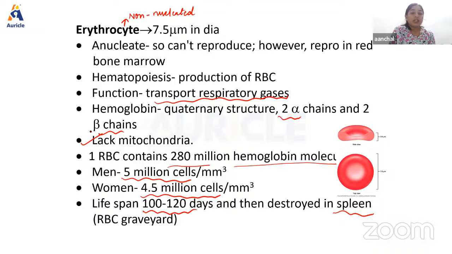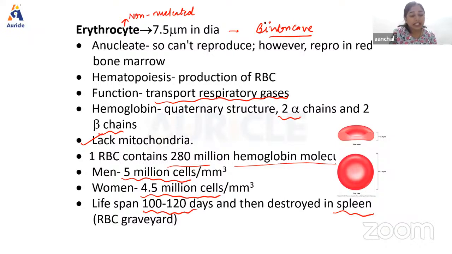Now, another thing is that it is always biconcave in shape. What is the advantage of this biconcave shape? The advantage is that it allows considerable change in cell volume, so that it can withstand considerable change of osmotic pressure and also resist hemolysis. That is one advantage.